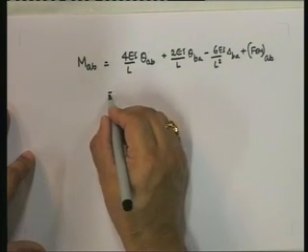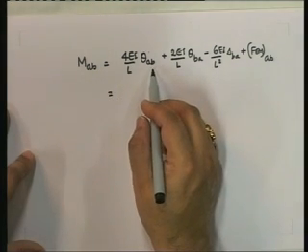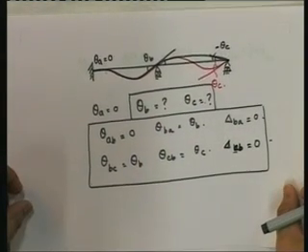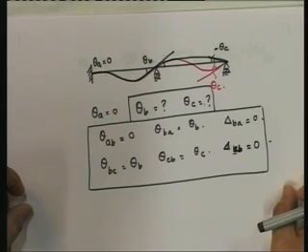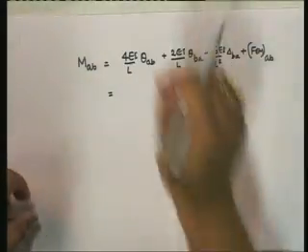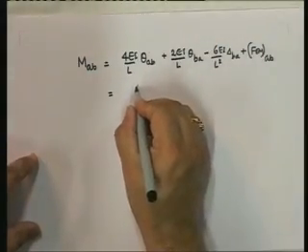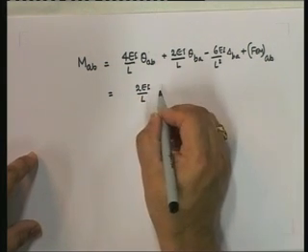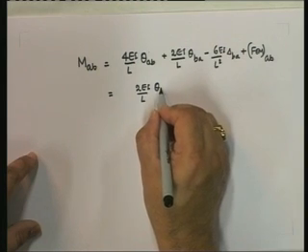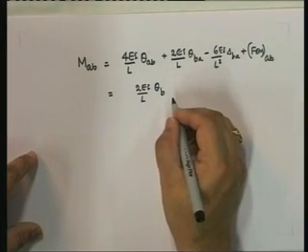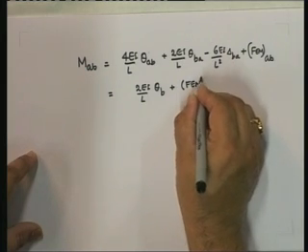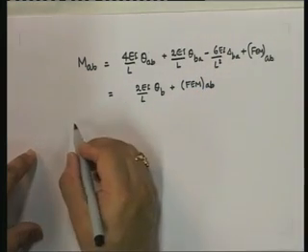Okay. So if I substitute the values of theta AB and theta BA that I have written down here, if we look at this, this is my theta AB, theta BA and delta BA. If I substitute those in, what do I get? I get 2 EI by L theta B plus fixed end moment at AB.